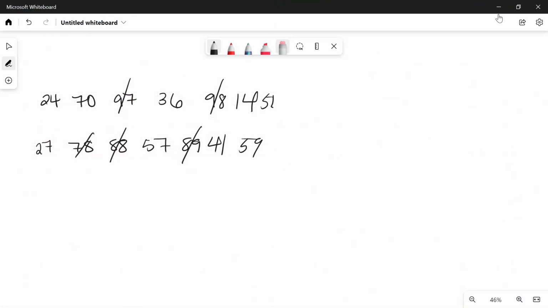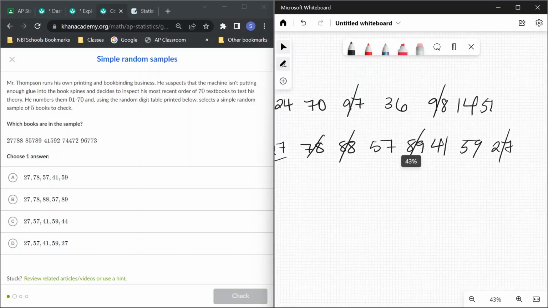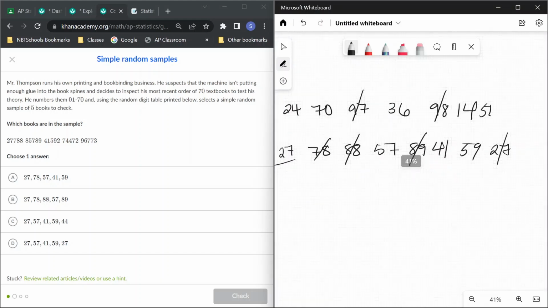So again, no repeating, because we have 27 here. And then after 27, I lost my place. What is this? 44.